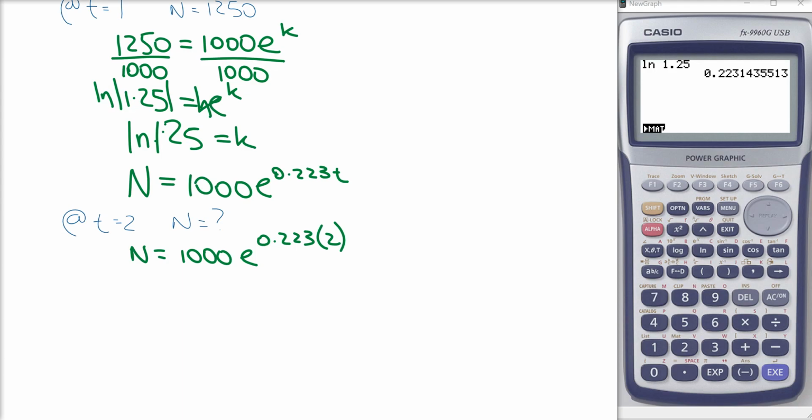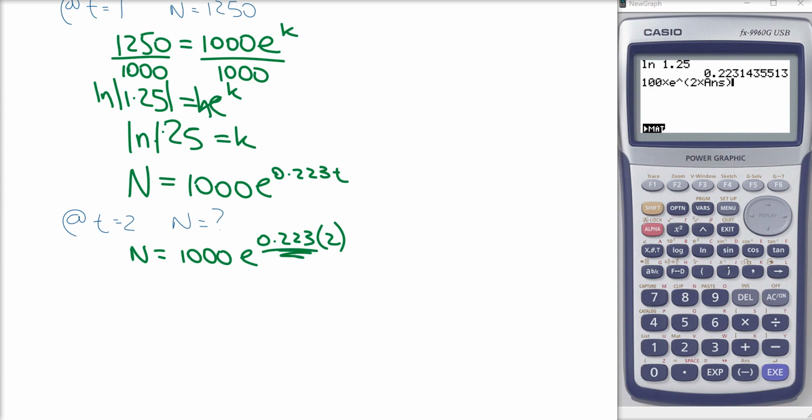Now, with my answer in my calculator, I can just go 1,000 times e to the power of 2 times my answer. I haven't used 0.223, as I haven't used exactly that answer.